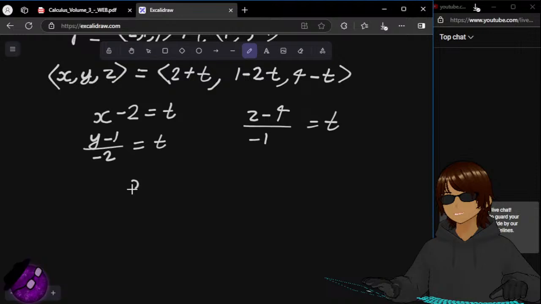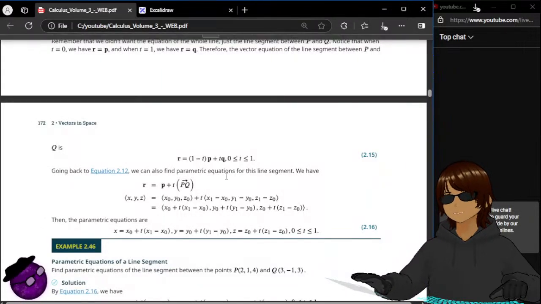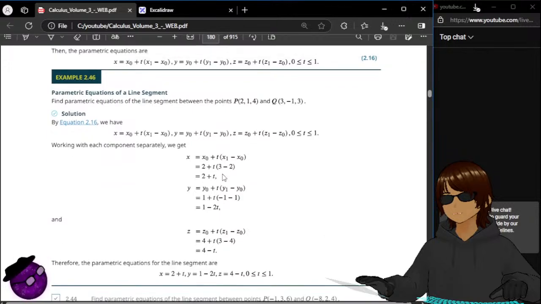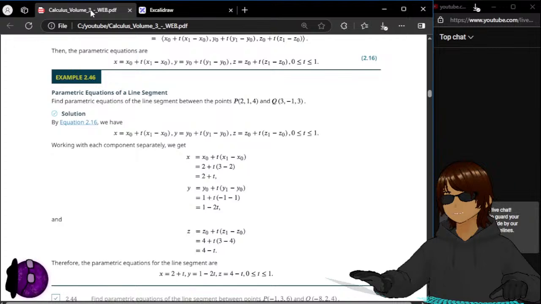So basically, the z looks like a 2. Let's see if this is right. Z is 4 minus t.